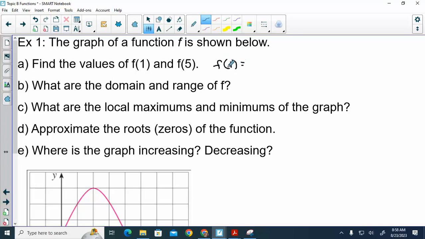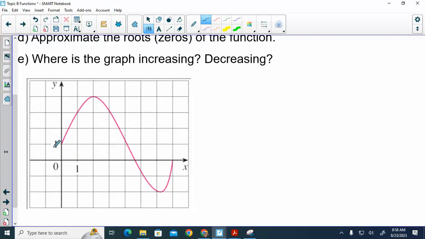Function notation, what does that mean? What does the 1 represent? The x value. So it's basically saying when x is 1, tell me what y is. So I go to my graph. I find the place on it when the x value is 1. And we're right here. What's that y value?